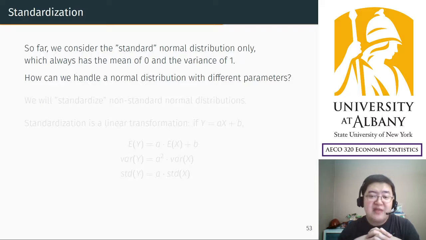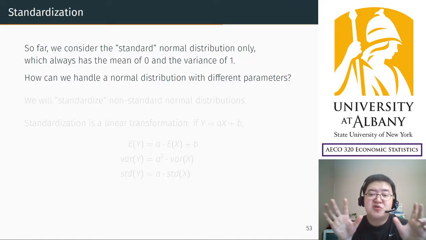By the way, that's just one special case of normal distribution. The standard normal distribution is one special normal distribution with the mean equal to 0 and variance equal to 1. Then it does not work. How can we handle a normal distribution with different parameters?